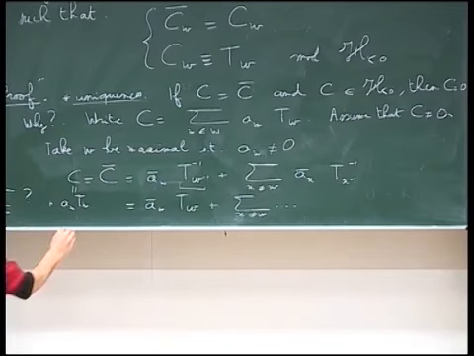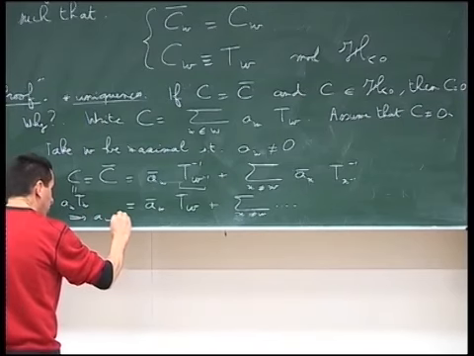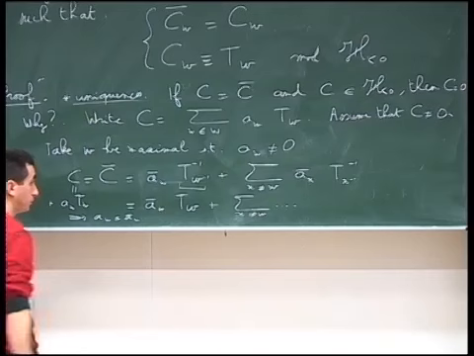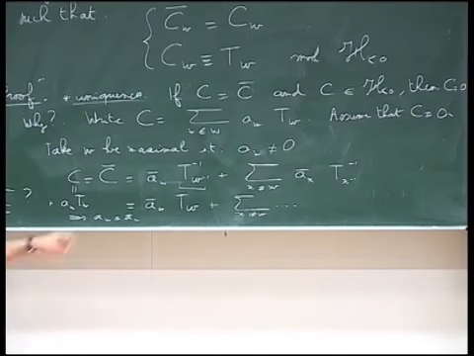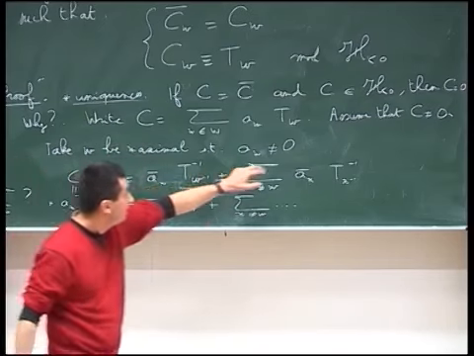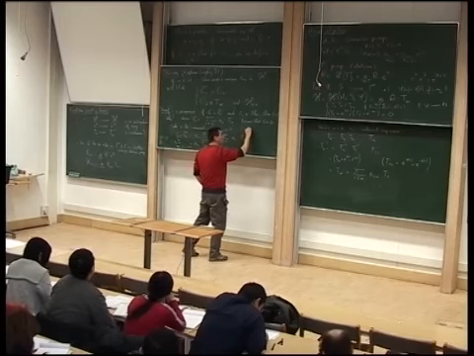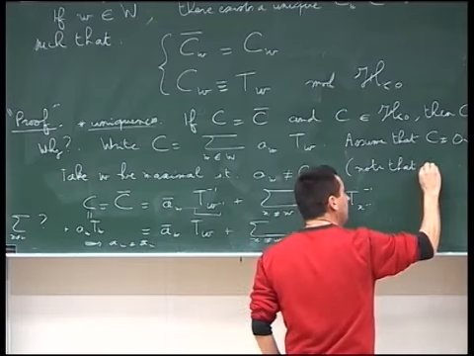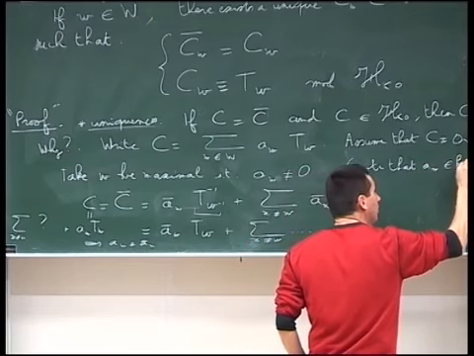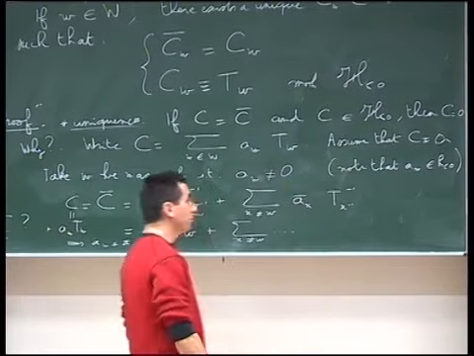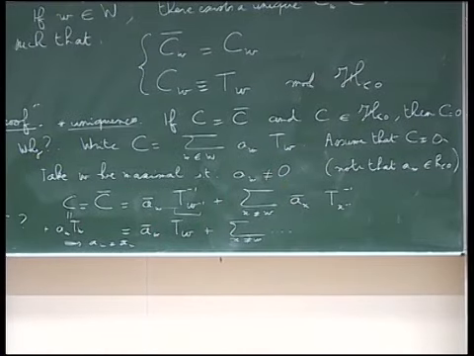Well, so this gives you that AW equals AW bar, but since C is an element of H less than 0, AW only involves monomials with negative powers.